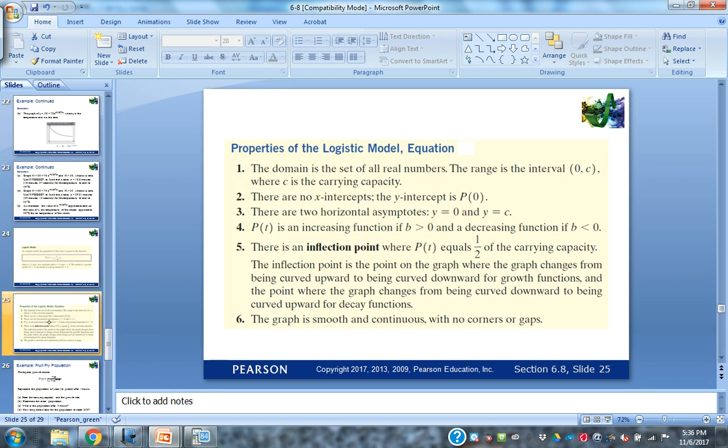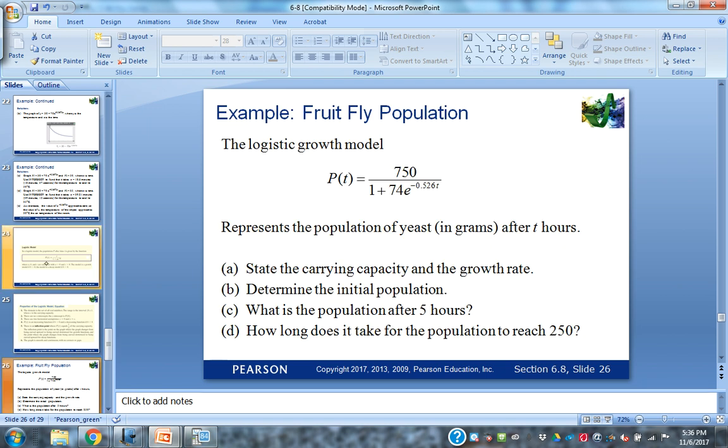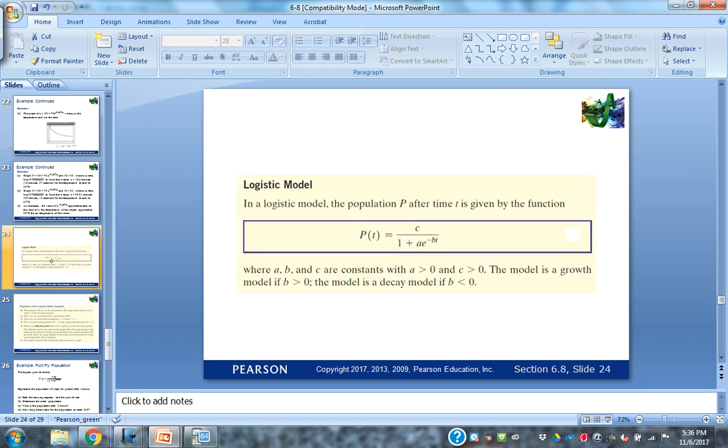All right. Logistic model. The logistic model is not used a ton. I don't think I've ever seen it on the final, so I'm just going to mention it. We'll do a little bit with it in the last section because the calculator can find the logistic equation really easily. But the logistic model looks something like this, where you've got a carrying capacity for whatever population you're dealing with.